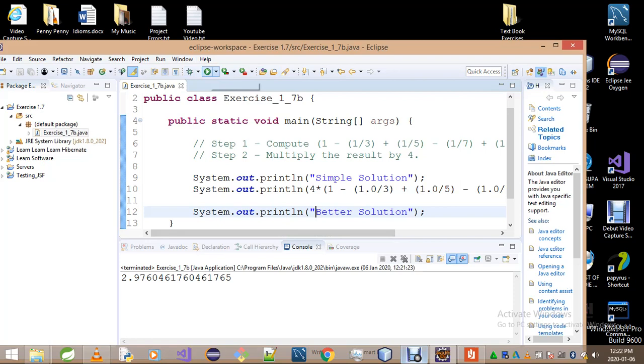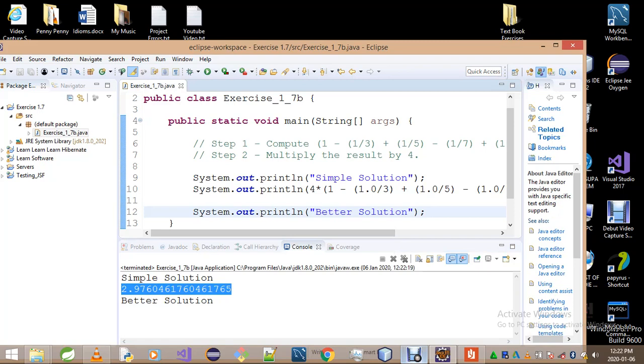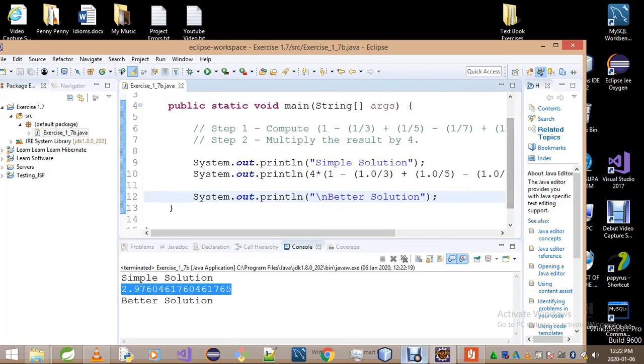Look at this before I proceed. You see, this text here, better solution, doesn't look okay with it being way too close to this number here. So in order to avoid that, let's put a \n before printing the words. That is to say, we're going to go to the next line before printing the words better solution.